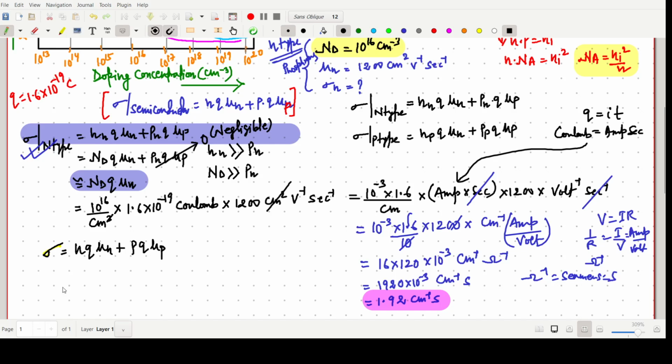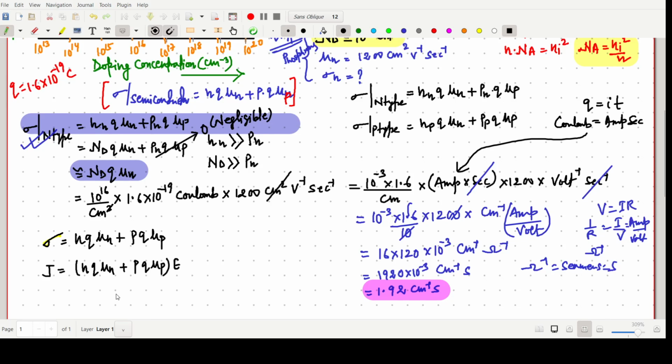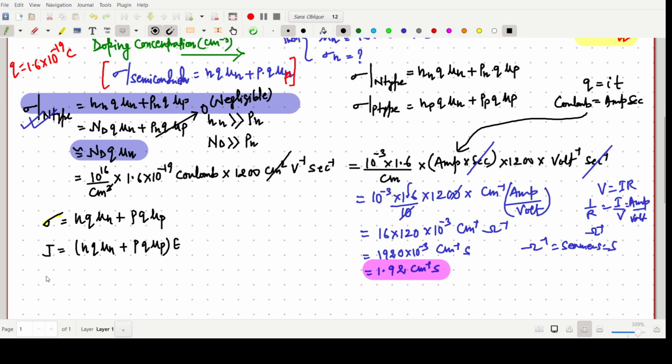One more important formula is there for current density: J equals n q mu n plus p q mu p times E. If we divide J by E, it is simply n q mu n plus p q mu p, which is our conductivity.